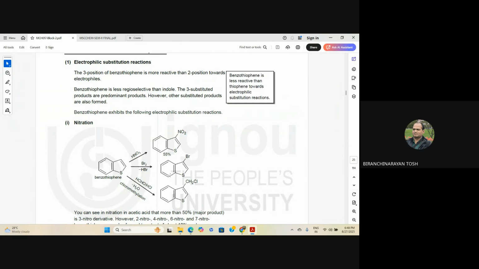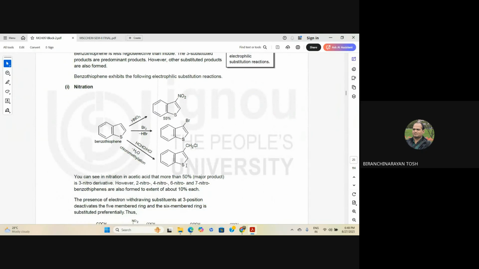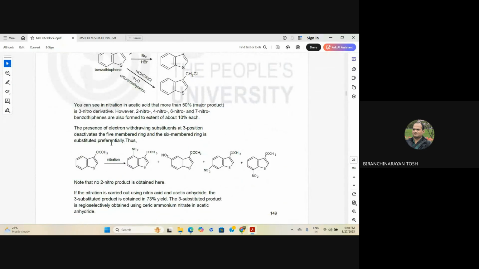With bromine there will be bromination at the three position, and with formaldehyde, formylation will be there, and we get 3-chloromethyl benzothiophene. So this is a mixture of nitro compounds from nitration, you can see here.